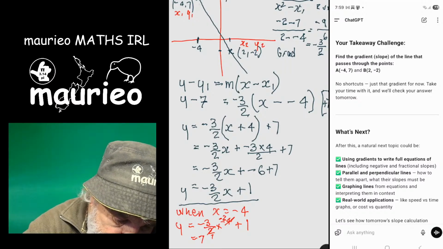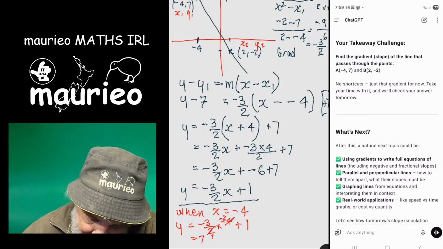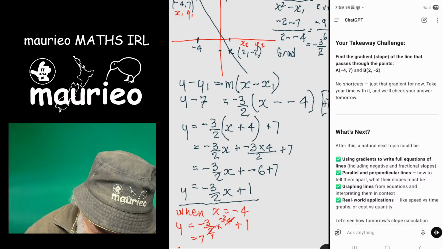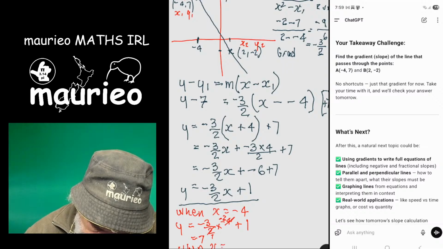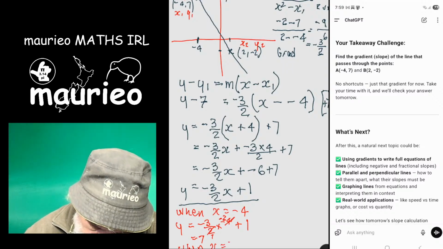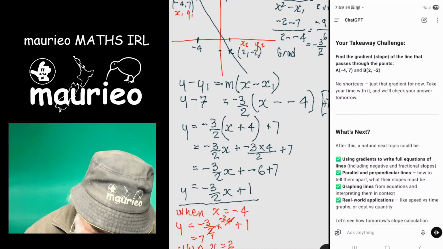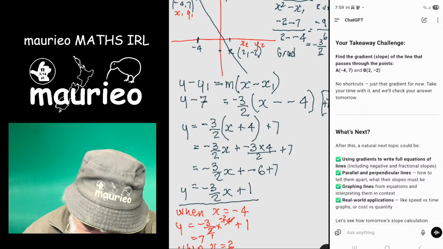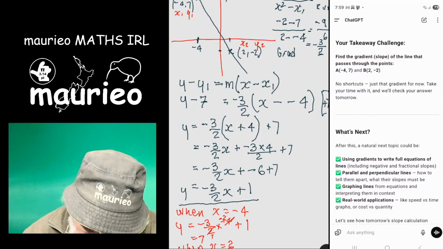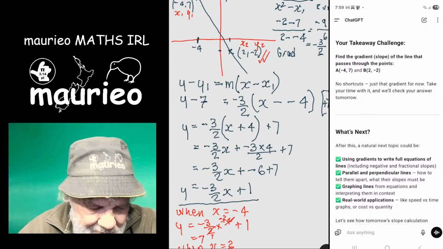And so that agrees with the point negative 4, 7. And then when x equals 2, y equals negative 3 over 2 times 2 plus 1, which is negative 2. And that agrees with that there. So they're both on that line.